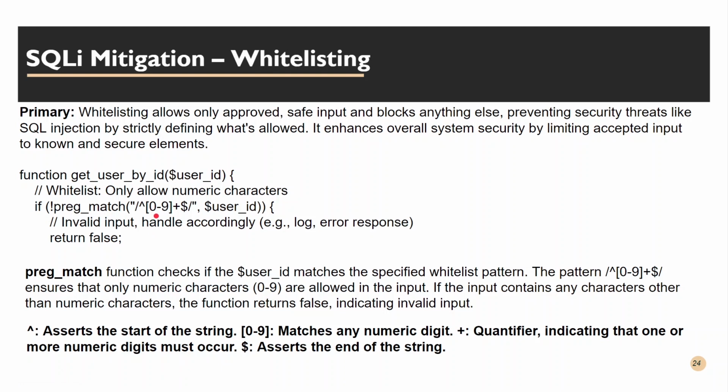What this is basically saying is we could have continuous numerical data, maybe 2, 3, 5, 7, 4, depending on how many numerical values the user decided to input into that particular input field. But mind you, we cannot have anything other than numeric characters. And then lastly, we have the dollar symbol, which asserts the end of the string.